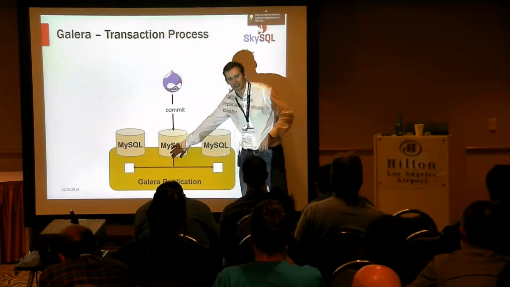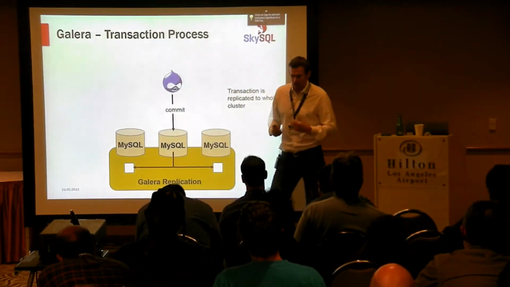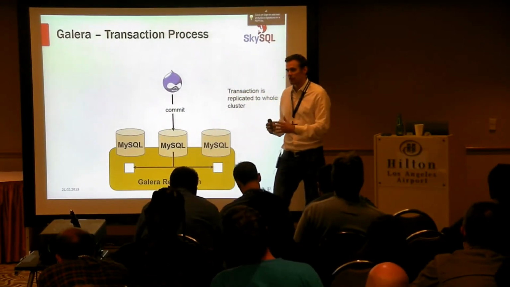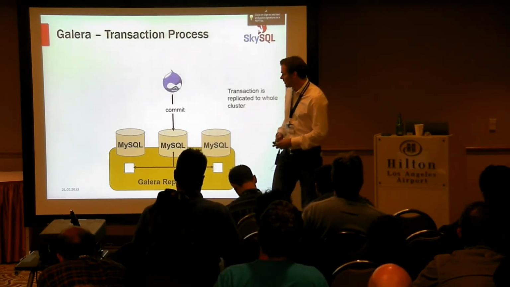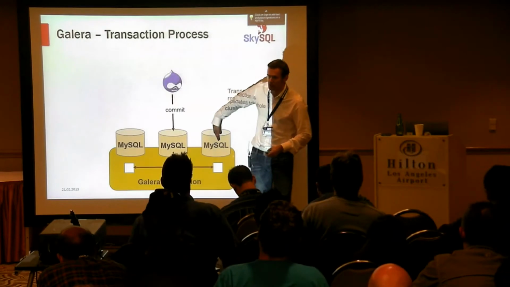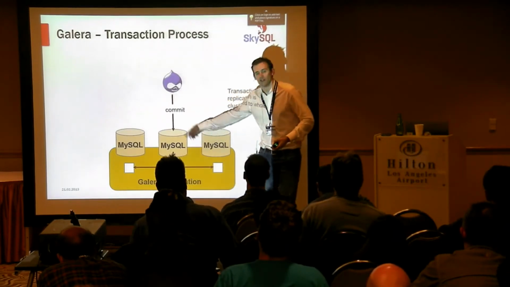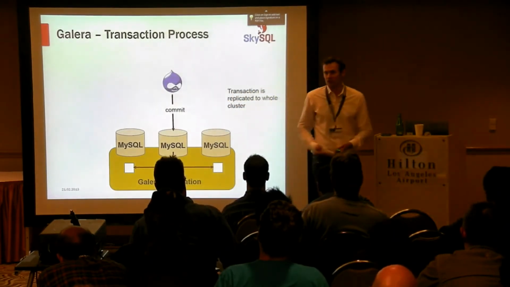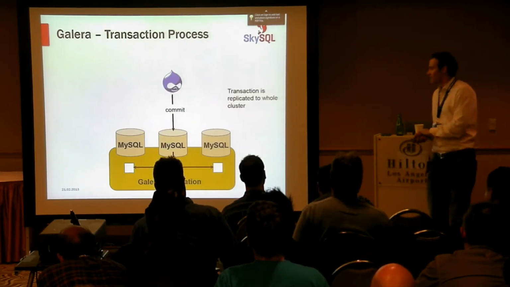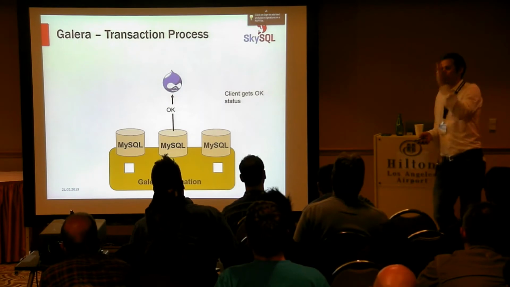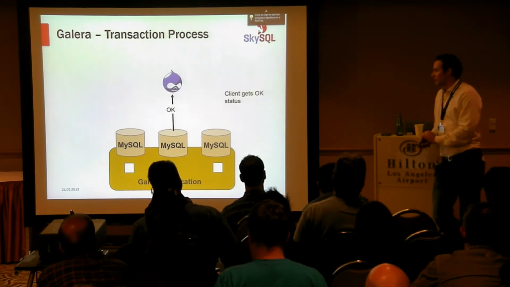So basically this transaction is sent out to all the machines. The other servers validate that there is no conflict on their end. Right? So if at the same time you touch the same rows on another machine, this transaction will be aborted at this stage. Once the other servers have validated it, we send the OK back to the client and we're good.